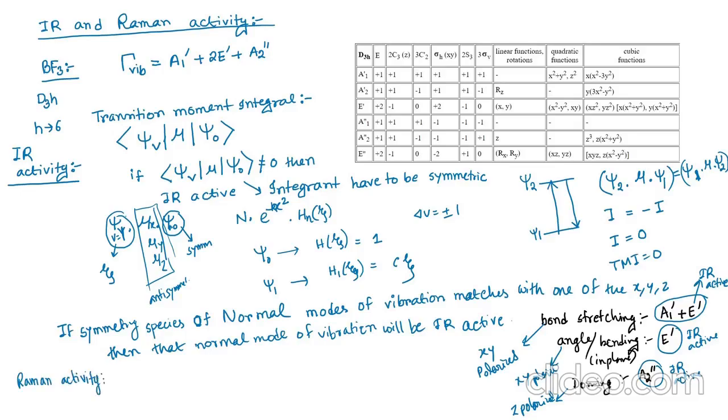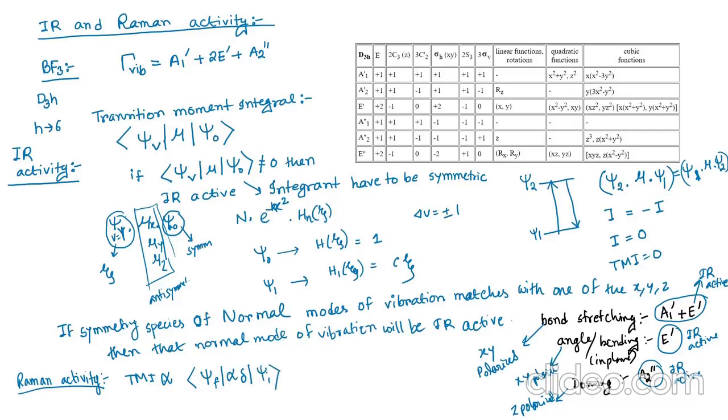You remember that in the Raman case the transition moment integral will be something different. Here it was something like alpha, the quadrupole moments kind of thing.